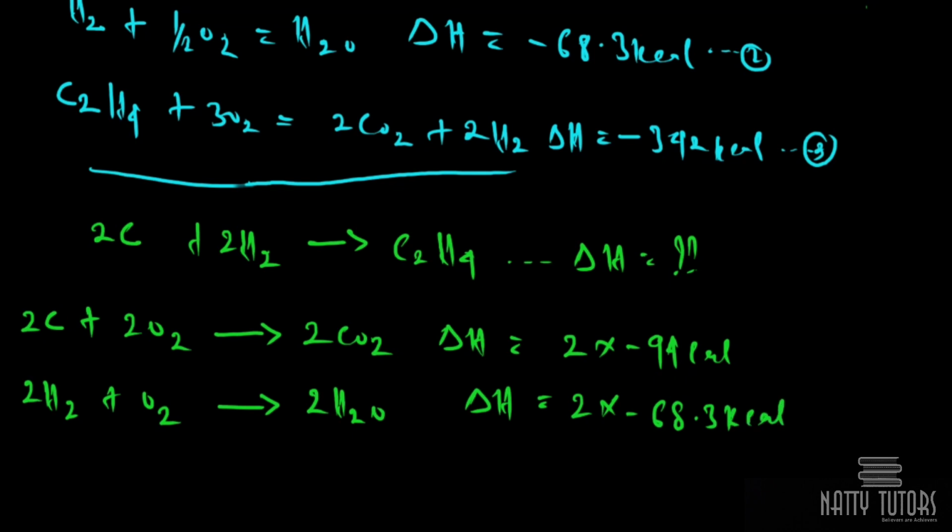Then for our last reaction, if you check, our ethene for our overall reaction is on the product side. So what do we do from here? We need to bring it to the product side, so we are reversing it, so it becomes 2CO2 plus 2H2O, then our ethene plus oxygen.